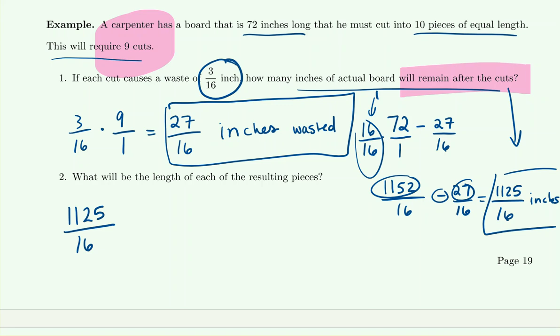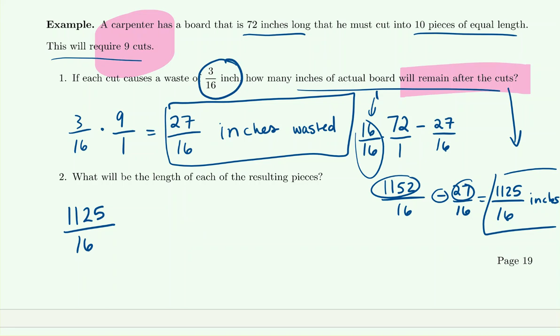We are going to have 10 different pieces of board that fill up this total amount of material. So 10 equal pieces come from the original amount that was left over of the 1,125 over 16.